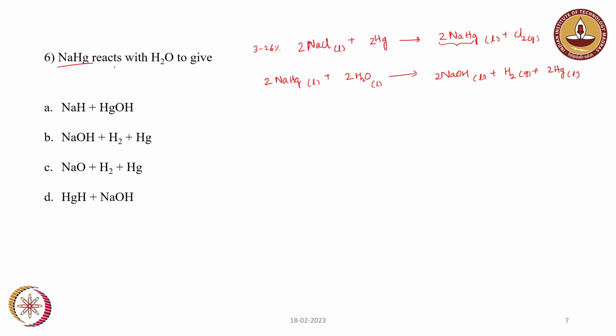So the reaction will proceed like this. Sodium amalgam plus water will be giving sodium hydroxide, then hydrogen gas and mercury. So option B is the answer.